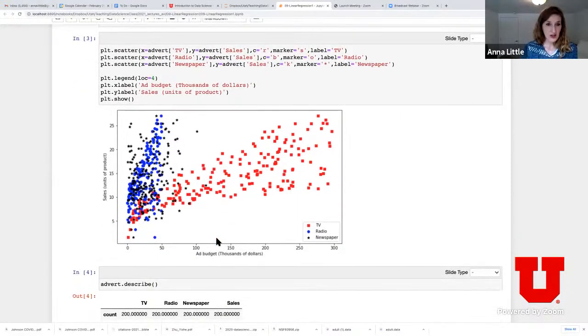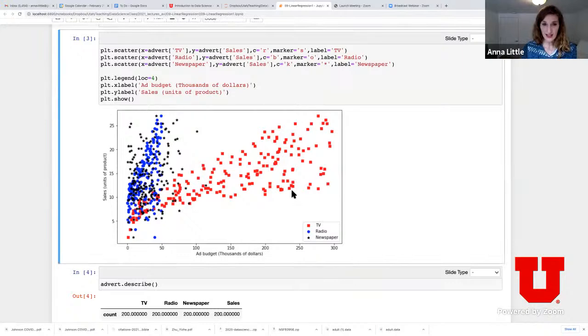You notice a few things right away. Definitely the most money is being spent on TV, so that's where you see some really high values in terms of the amount of money spent. But you also see the radio and the newspaper effects.